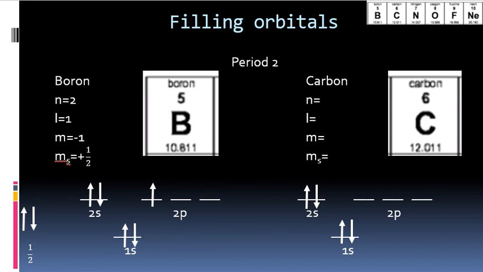Now, for the 2p orbitals, we have to obey Hund's rule. We have 2 electrons left over, so effectively, we can use one of those leftover electrons to fill the first subshell, and then we can use that remaining electron to fill the second subshell.